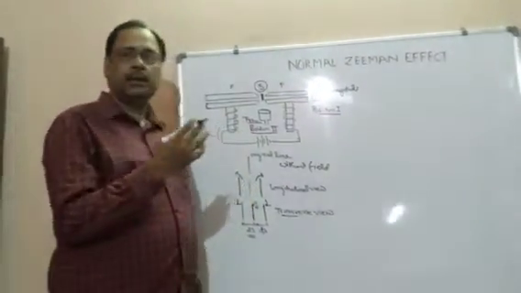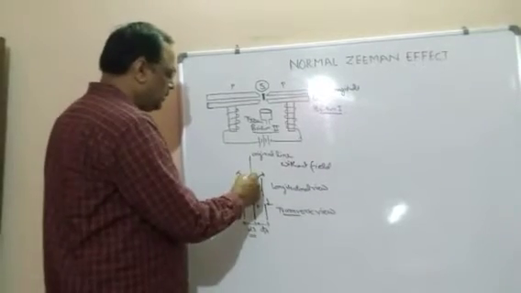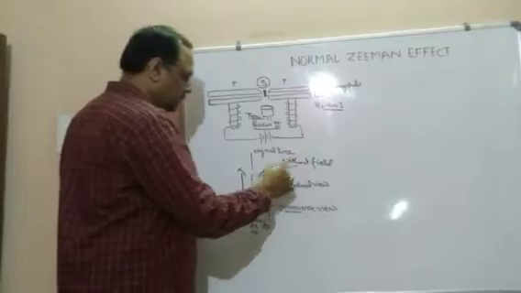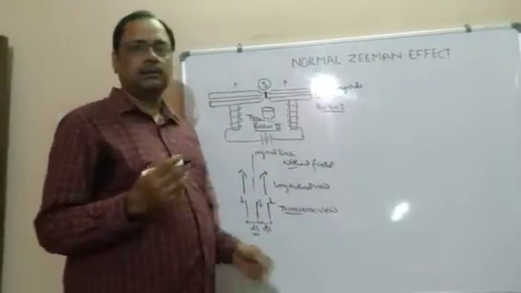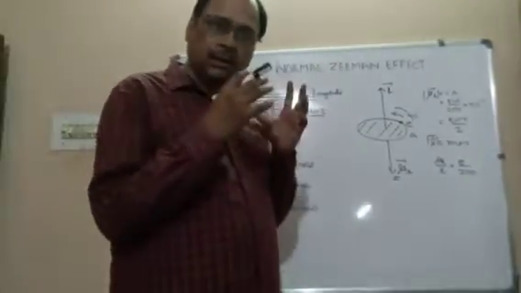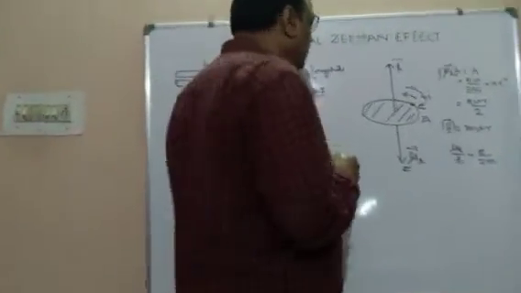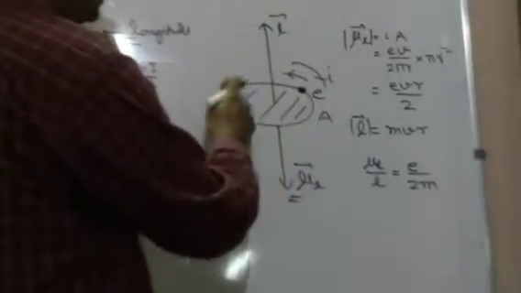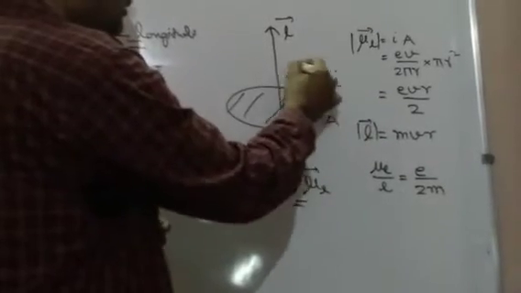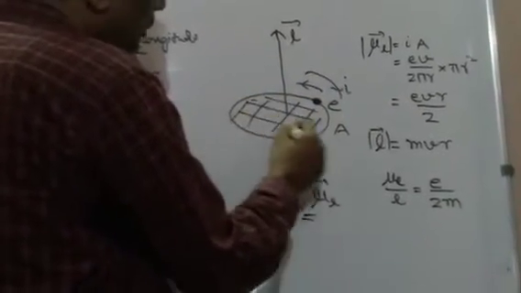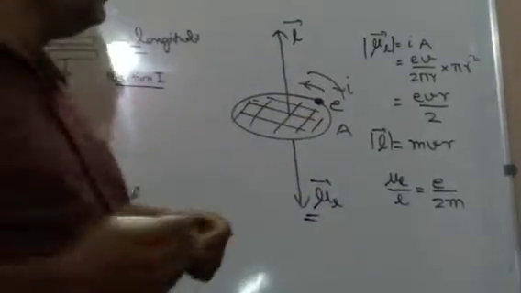When you apply a magnetic field, the single line spectrum without field has components. Now I will explain at the atom level. If one electron is revolving in an orbit, there is a current and it has an area enclosed within its orbit.